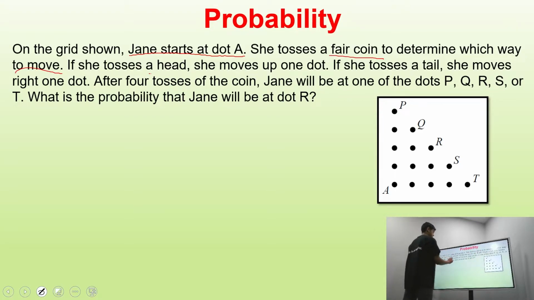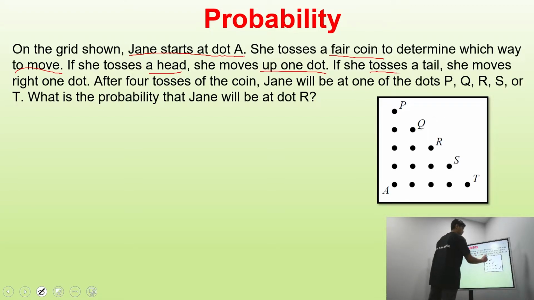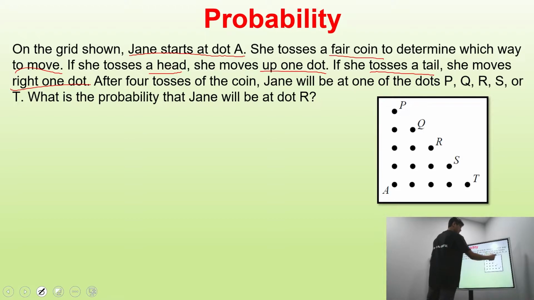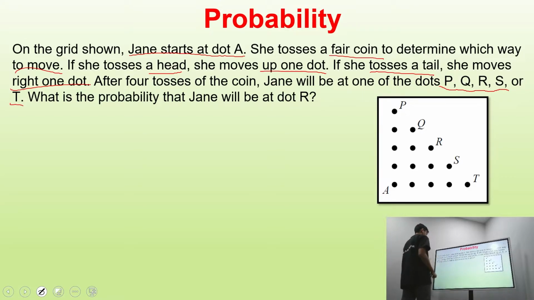If she tosses a head, she moves up 1 dot. If she tosses a tail, she moves right 1 dot. After 4 tosses of the coin, Jane will be at one of the dots P, Q, R, S, or T. What is the probability that Jane will be at the dot R?